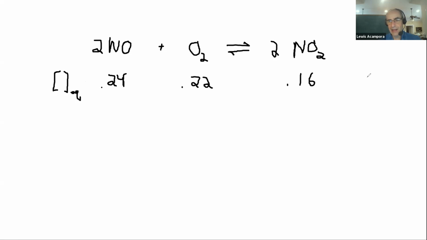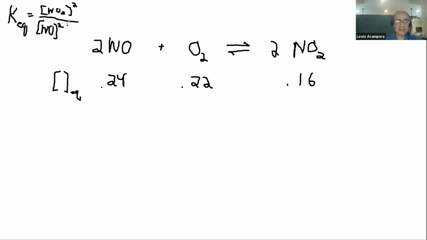Using those values, the expression for KEQ is going to be the concentration of NO2. As you write these, be careful about writing formulas inside the brackets and exponents outside the brackets. Some students frequently mess up because they put the 2, which should be the exponent, inside the brackets.